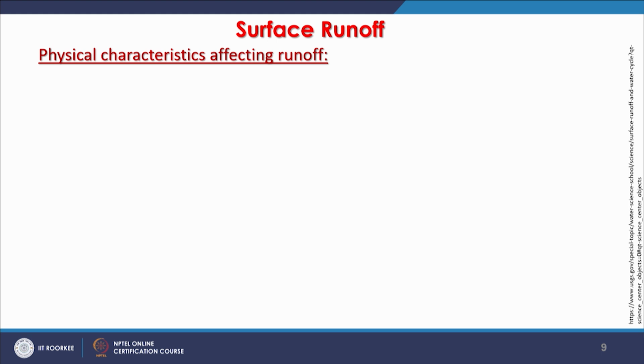Another physical characteristic which also affects runoff is the land use. How land is being used, what the cover over the land is, whether it is forest cover, agricultural land, or urban built up land. Generally in built up land, you do not have much place for water to go downward, so it flows as surface runoff. 99% of water is gone as surface runoff, and from the groundwater recharge point of view, I always say it is a wastage.